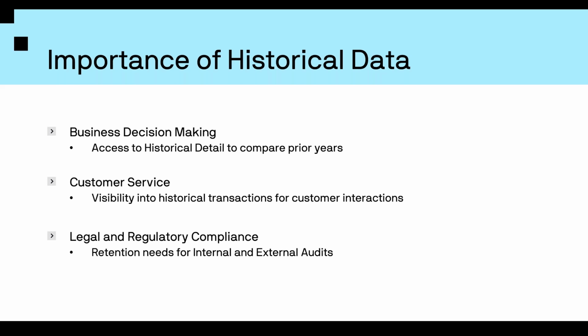Some industries require you to retain historical data much longer, whether that's in the healthcare industry, or also the automobile industry, or automotive, I should say. A lot of those industries require historical data access, or being able to look up history for a much longer time frame.